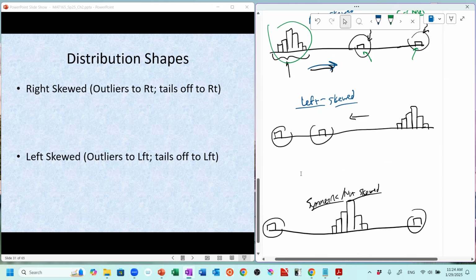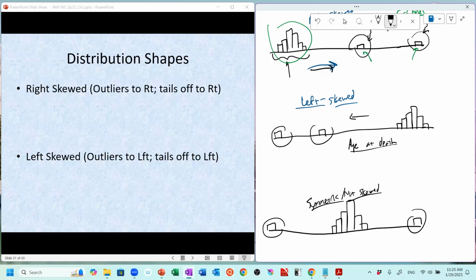Left skew distribution is a little hard to come up with kind of reasonable examples, but probably, it's slightly morbid, I suppose, the most common example is age at death, right? So like most people live to, let's say, like 60 to 80-ish. There might be some people who live a little longer, maybe to 90 or 100.